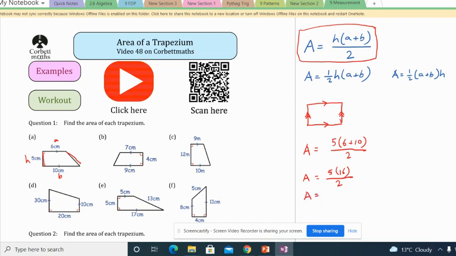If I simplify a little bit further, 5 times 16 might sound like we're getting to some bigger numbers, but I could actually double this number and halve this number. This is a number strategy for doing a multiplication like that. So 5 times 16 is the same as 10 times 8, which is a lot easier to use. So it'd be 80 over 2. So the area for that first one would be 40 centimeters squared.